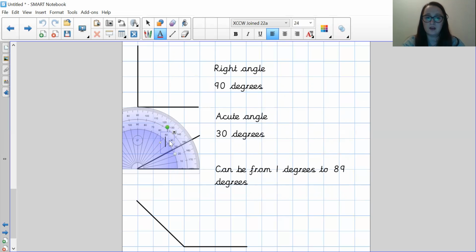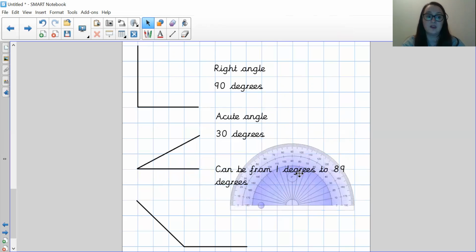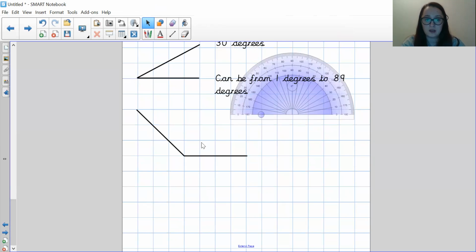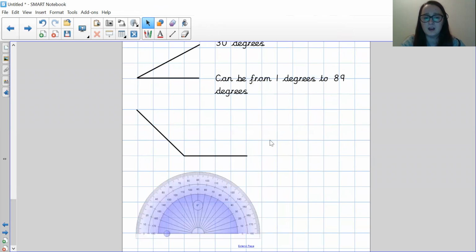Let's move on to the next one, which is an obtuse angle. So my obtuse angle here, and an obtuse angle is super, super big. It's not like your right angle here on the picture frame or on the book. It's bigger than a right angle, so it's definitely not smaller than an acute angle.